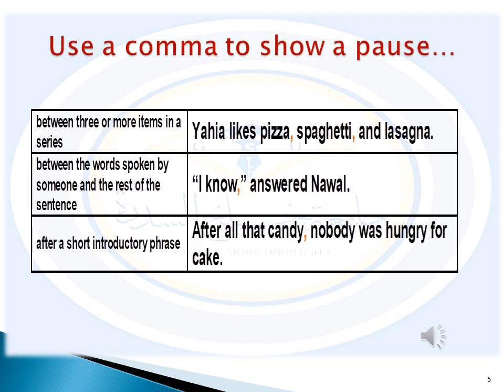You can say we must use comma between the first and the second, and it's optional to use it before and. It is optional to use a comma before and. If you want to use it, okay, use it before and or even leave it. So you can say Yahya likes pizza, comma, spaghetti, comma, and lasagna, or we can write it in this way: Yahya likes pizza, spaghetti, and lasagna without using this mark.